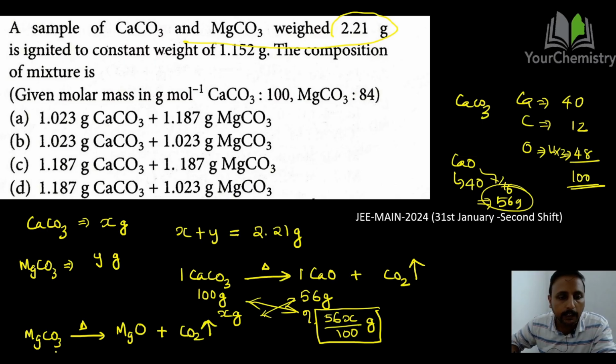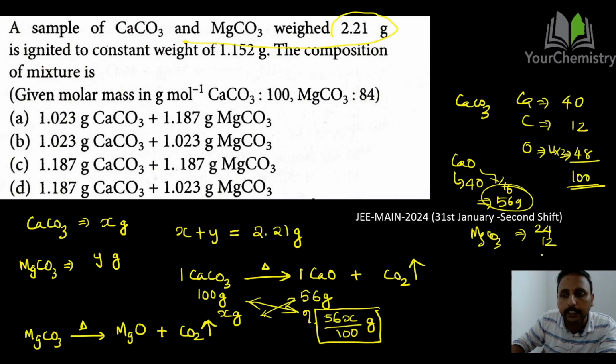Understood? Similarly, we need to find out what is the molecular mass of magnesium carbonate. Magnesium carbonate, you tell me magnesium 24, carbon 12, oxygen 16, 16 into 3 is 48. So 24 plus 12 is 36, plus 48, it will come to 84 gram.